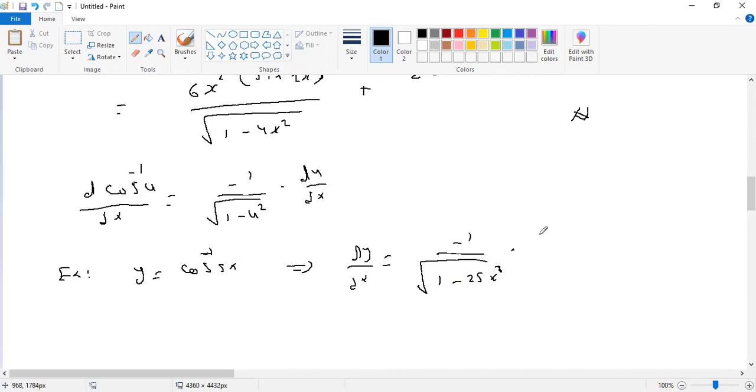Multiply by the derivative of 5x, which is 5. That means negative 5 over the square root of 1 minus 25x squared.